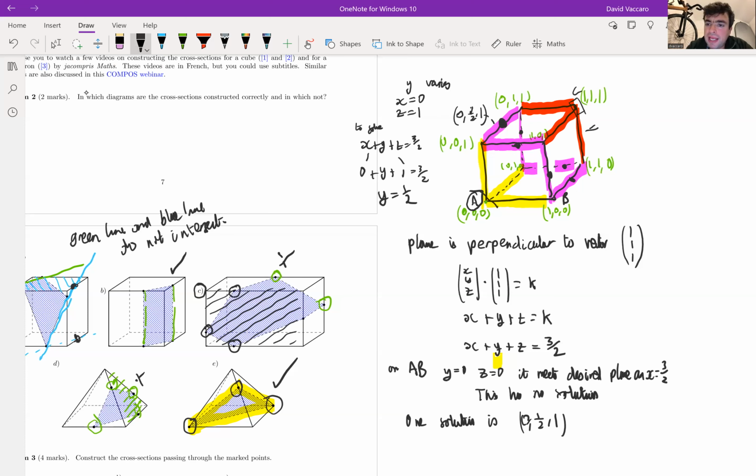So this sort of edge here, the x and the y are both equal to 1, and then the z varies, but because z just varies between 0 and 1, the value of z that would be necessary to make it equal to 3/2 would be -1/2, which would be somewhere down here. So what we can see is this desired plane meets the cube in 6 points.